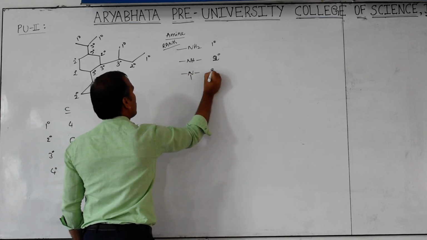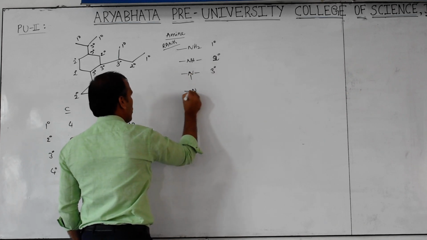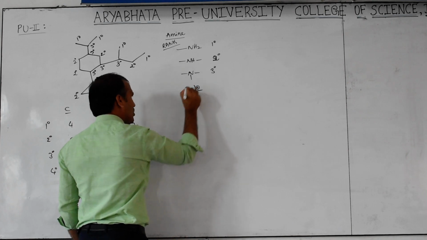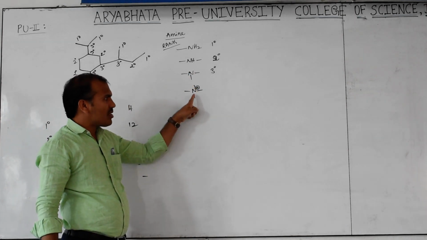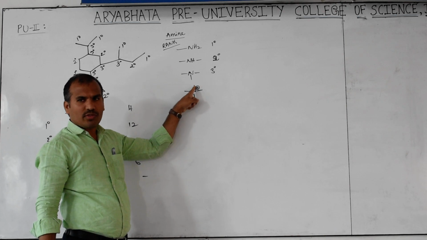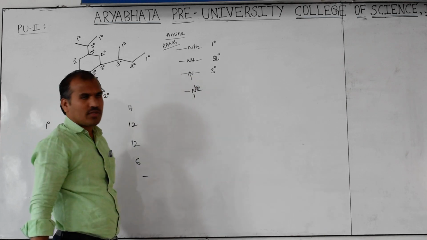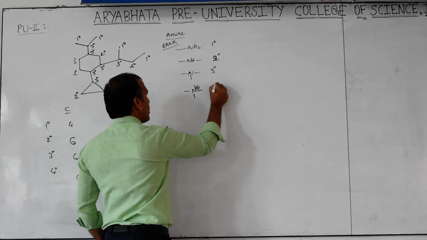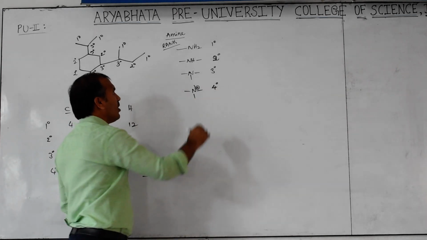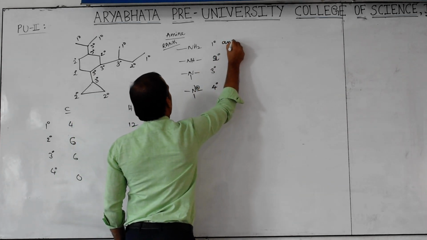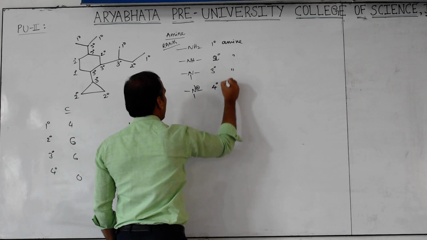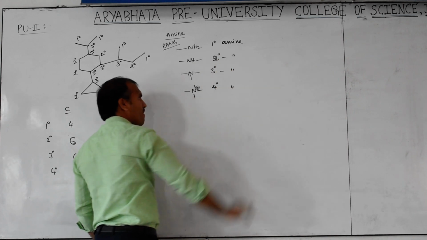Nitrogen with no hydrogen, that is tertiary. Nitrogen with 4 bonds plus positive charge: here also no hydrogen, but here 4 bonds with positive charge, here 3 bonds with no positive charge. Then this is called quaternary amine.